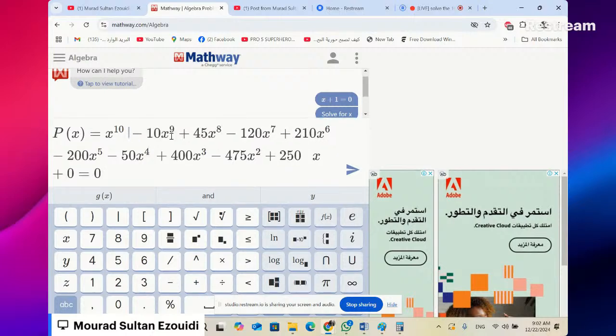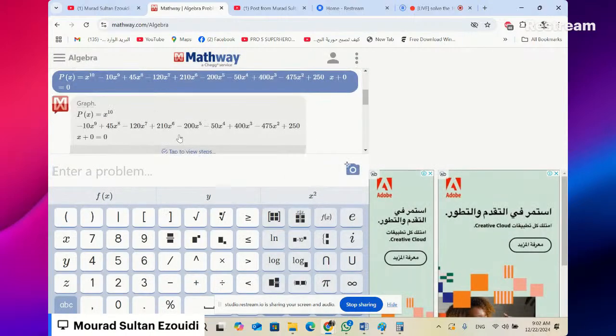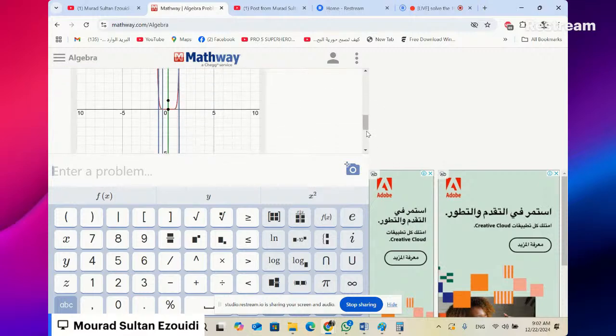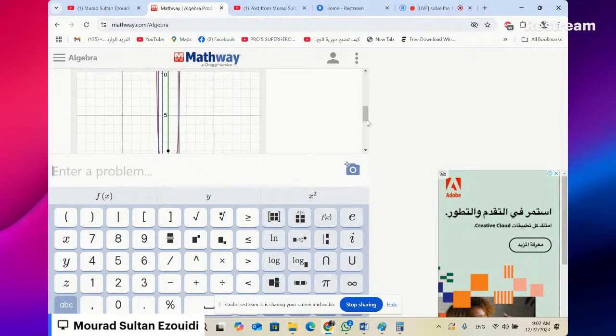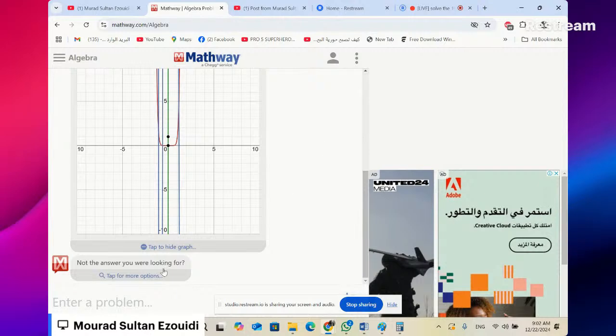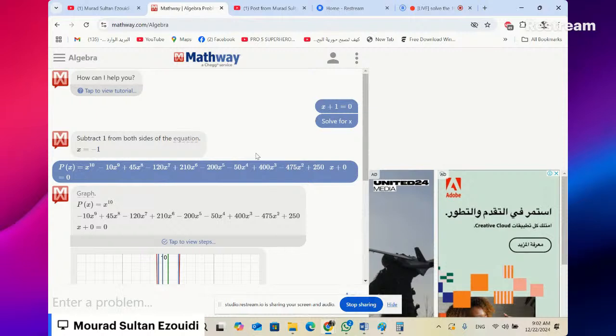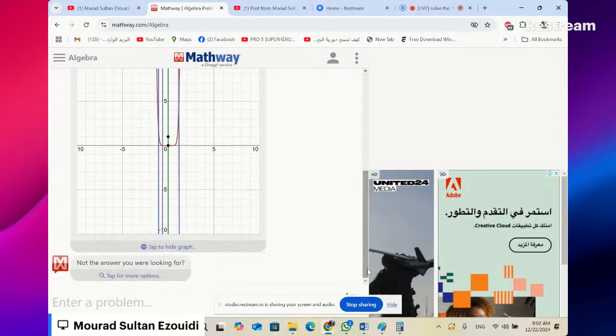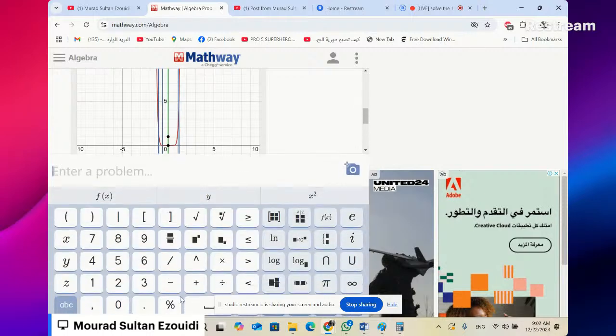Enter. Of course, what you will see: we have x equals, nothing. It just shows curves for me. It did nothing. It's not the answer you are looking for. I will tell it solve, solve, solve.